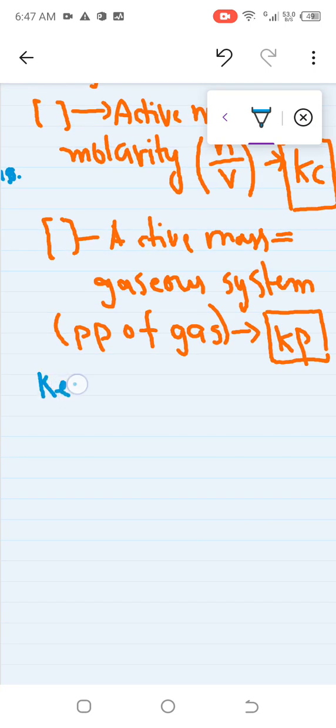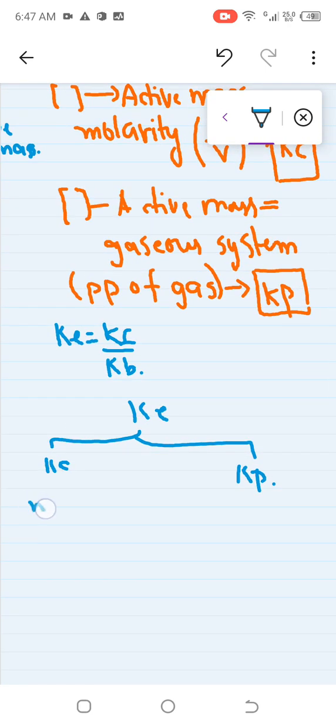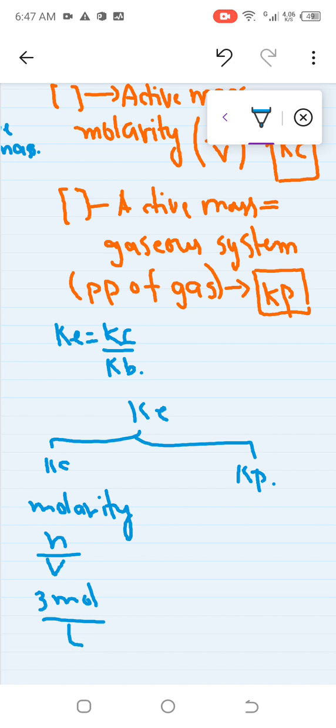Now here you can see Ke, which was equal to Kf upon Kb. This was the law of mass action. But here Ke is divided into two types, Kc and Kp. In Kc we have molarity, the number of moles per volume, where the unit will be moles per volume in liters. But for partial pressure we have gases.